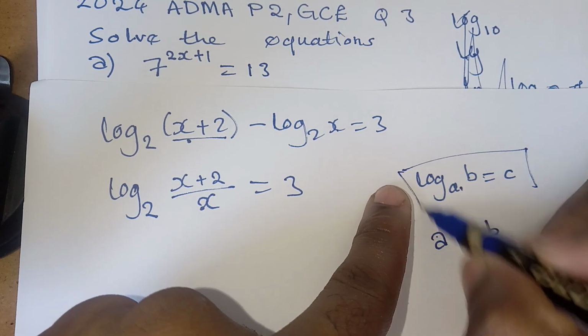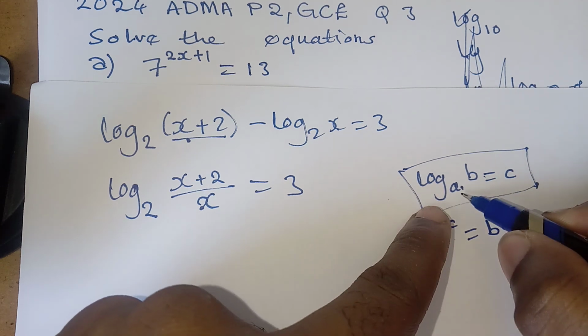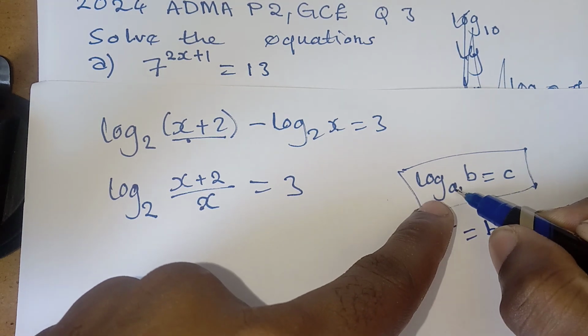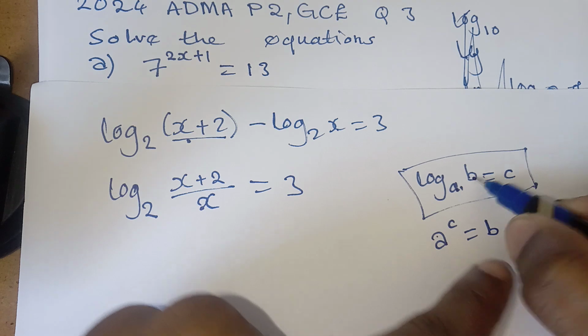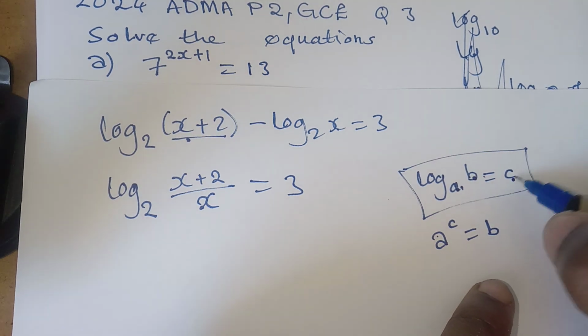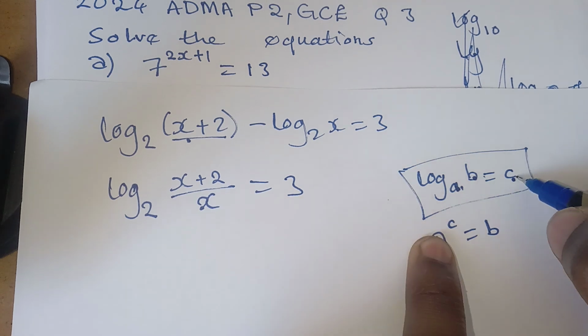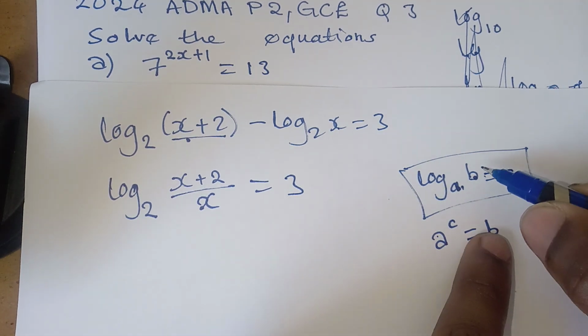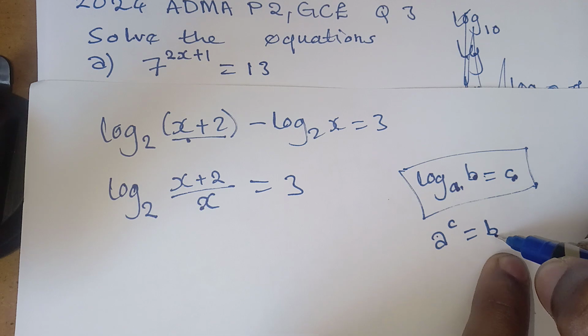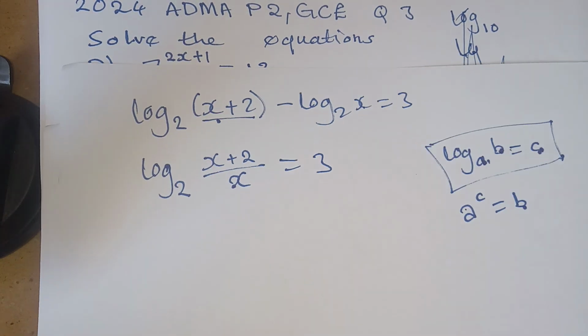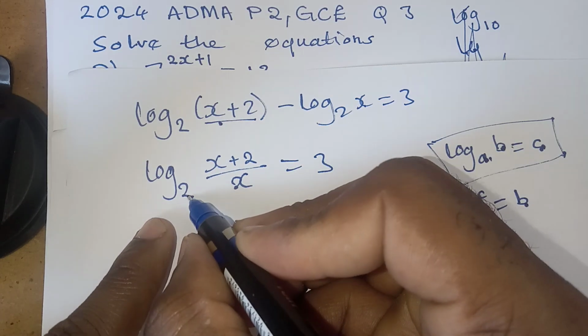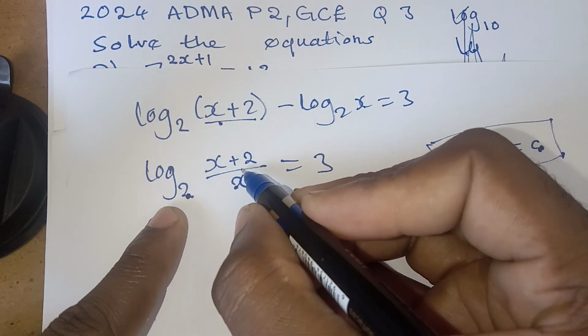Remember, this thing here means to what power should I raise a to get b? And that power is c. So we can just apply the same rule here. To what power should I raise 2 to get this?